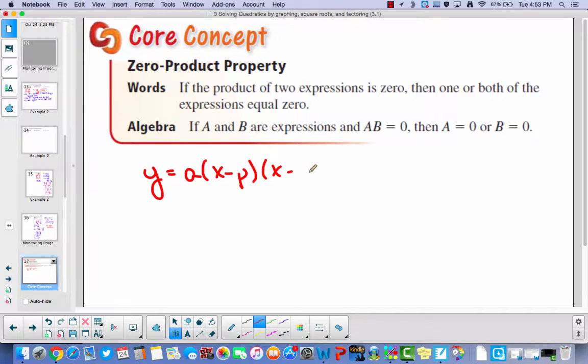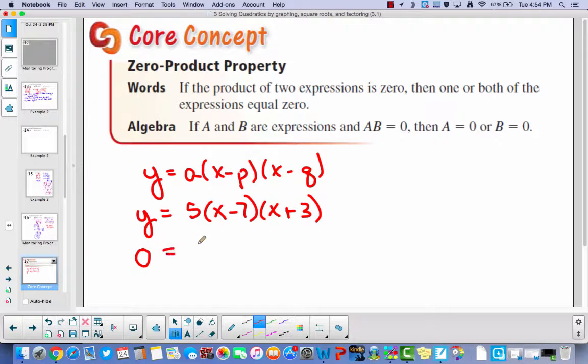We saw that back when we looked at this format. This was our intercepts format. Remember, this is where it intercepts the x-axis. Those are our solutions. So if I had a problem like this, y equals 5 times x minus 7 times x plus 3, if we wanted to know our solutions, we would set it equal to 0.